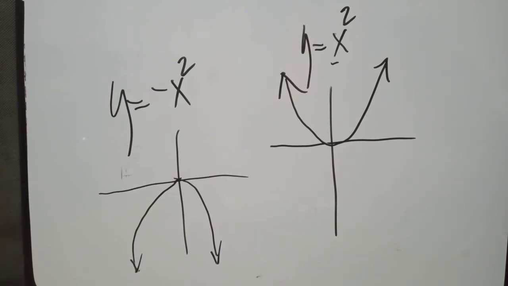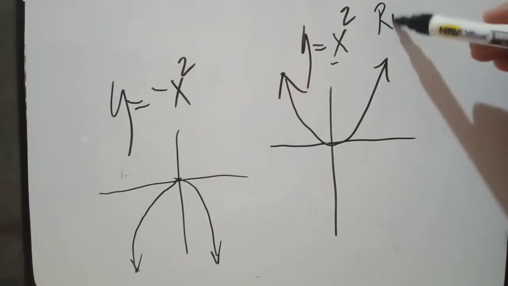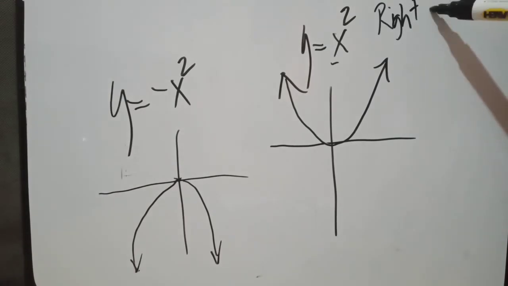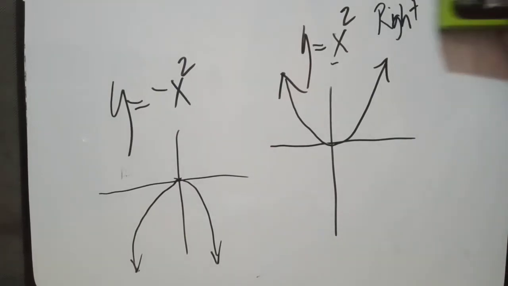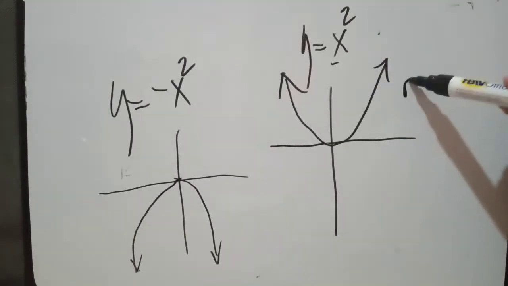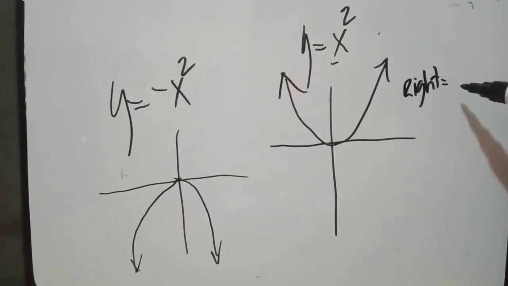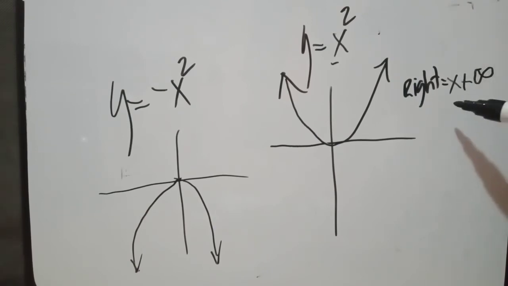So for the right side, x is positive infinity, and y is still positive infinity.